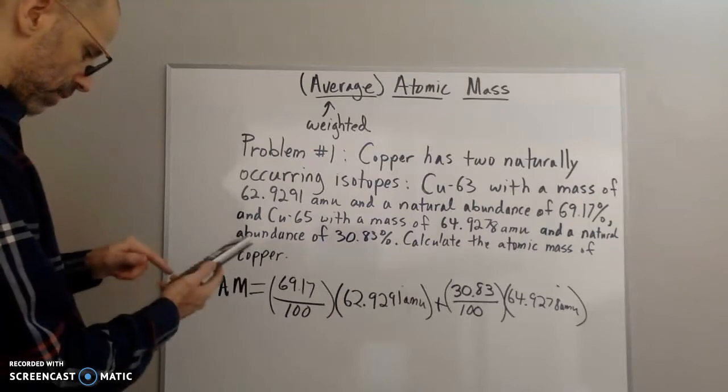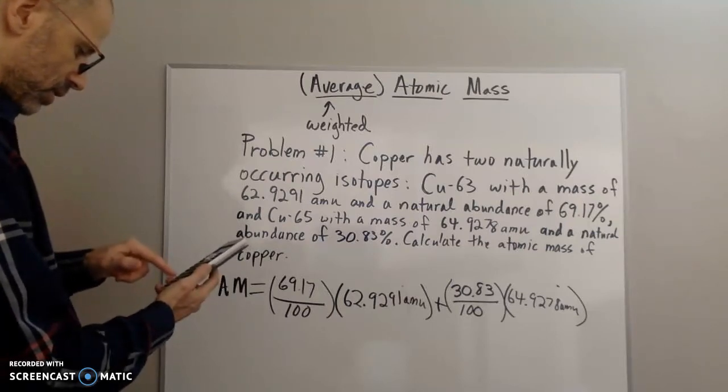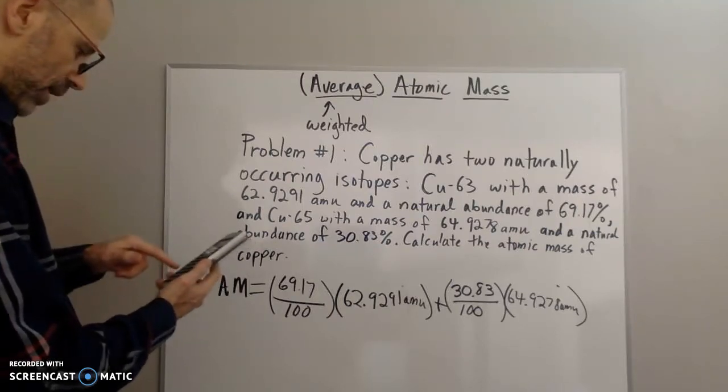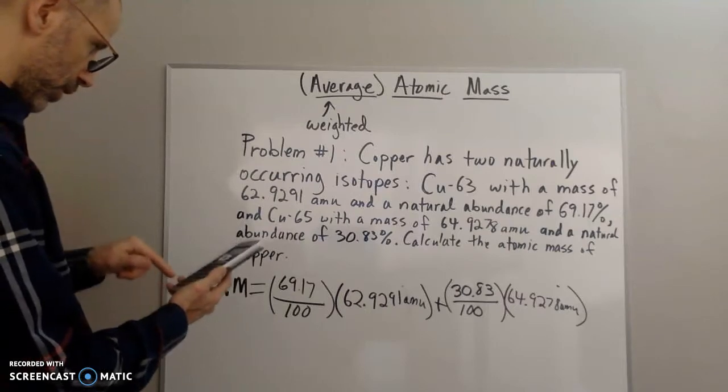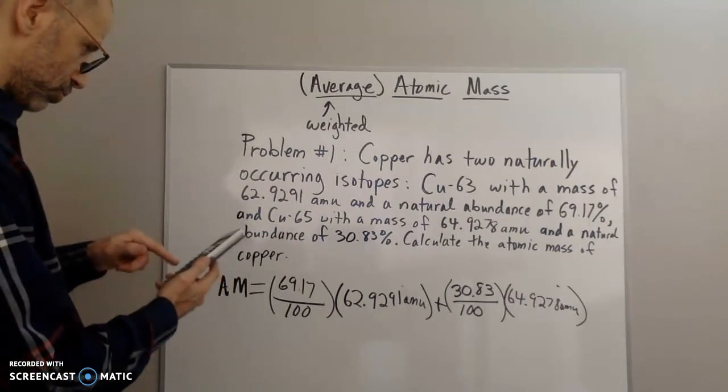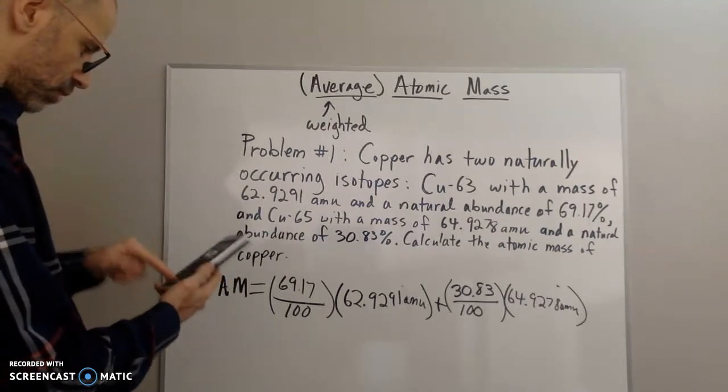69.17 divided by 100 multiplied by 62.9291 equals.